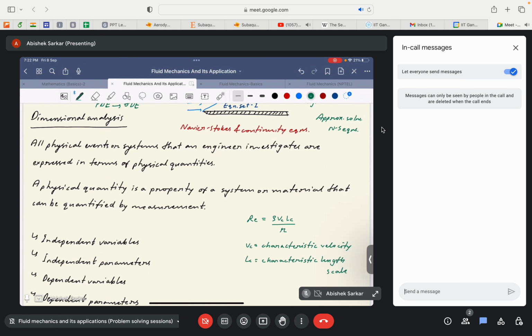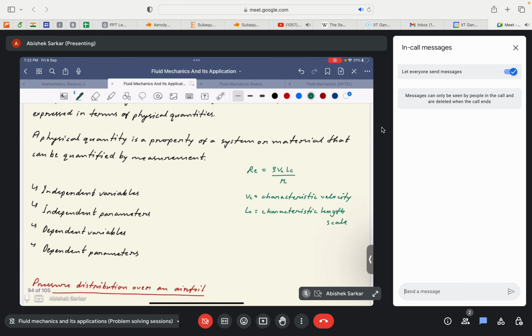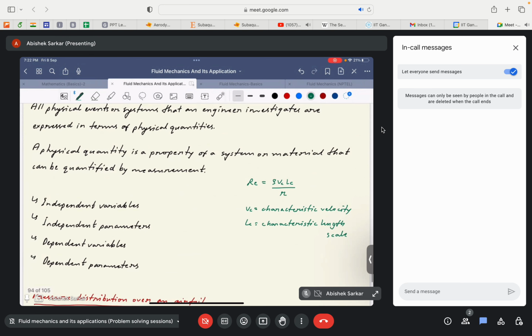So these terms, characteristic velocity and characteristic length scale. The term characteristic basically tells us what the dominant velocity is. Characteristic means which velocity component, or which dimensional length scale, characterizes the flow field. It gives the very identity to the flow field, so that's why it is called characteristic.